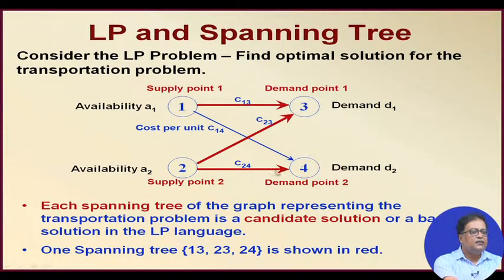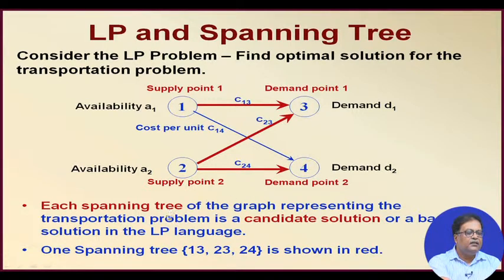Which spanning tree combinations out of these? See, there are 4, you take all 4, you get a circuit, you do not get a tree. So to get a spanning tree, you have to choose any 3. Which 3? The combination which gives the lowest cost. That is the spanning tree we have to choose.